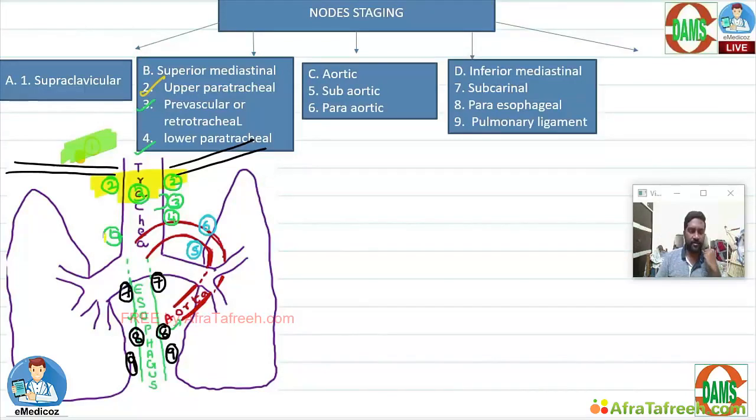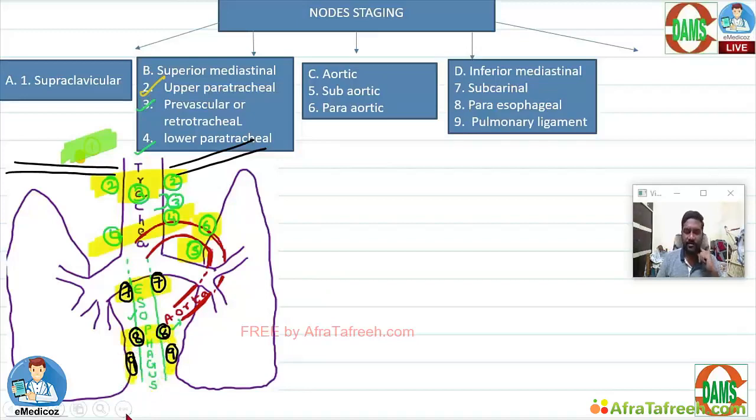Then we have lower paratracheal, which is 4. This is the rough location for you to understand. And aortic, we have subaortic, para-aortic. Then below the carina, subcarinal, paraesophageal, and also pulmonary ligament.